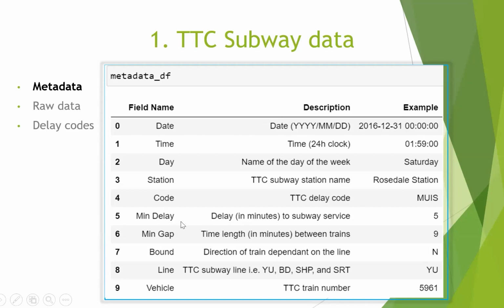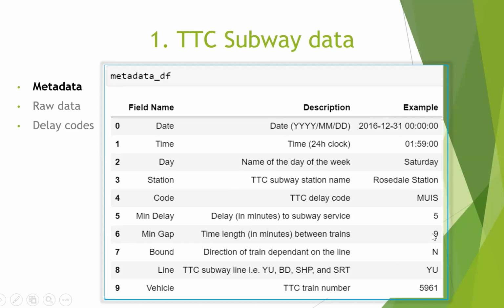This one, don't be confused, it doesn't stand for minimum, it actually stands for minutes. The number of minutes of delay that particular train suffered. For example, that particular train that was delayed on the 31st of December 2016 was delayed by 5 minutes. That's what min delay means. Min gap is the time gap, the number of minutes between this particular ailing train and the next consecutive train.